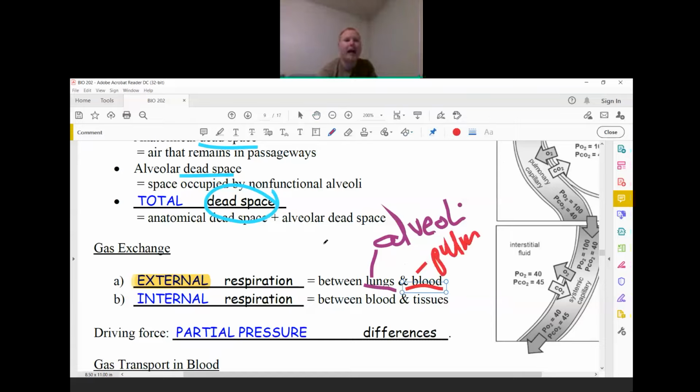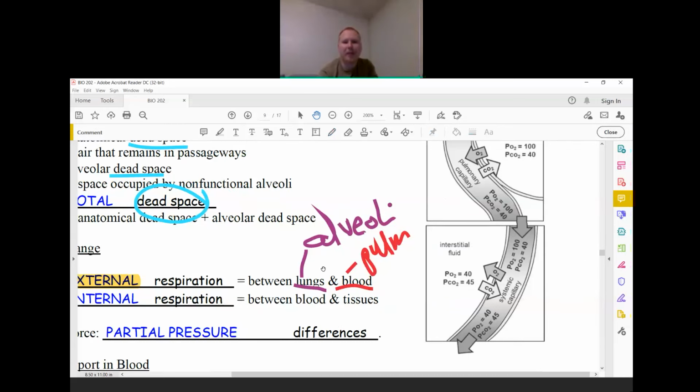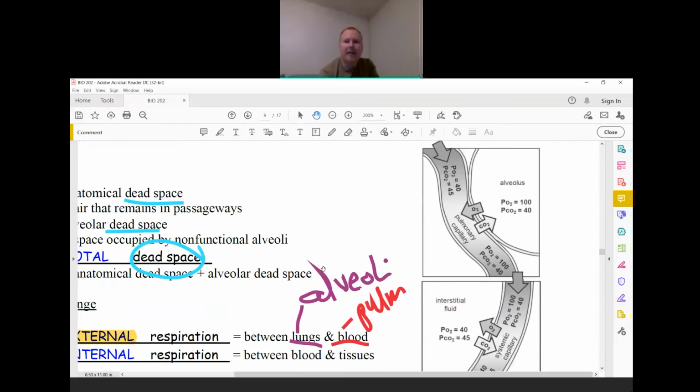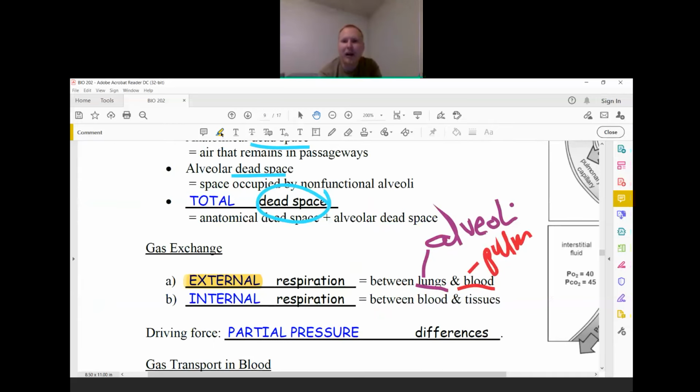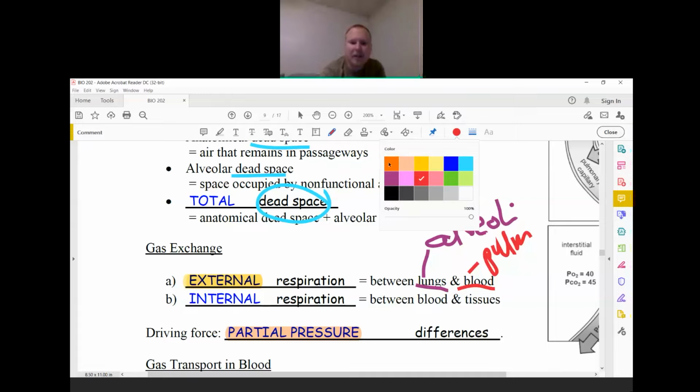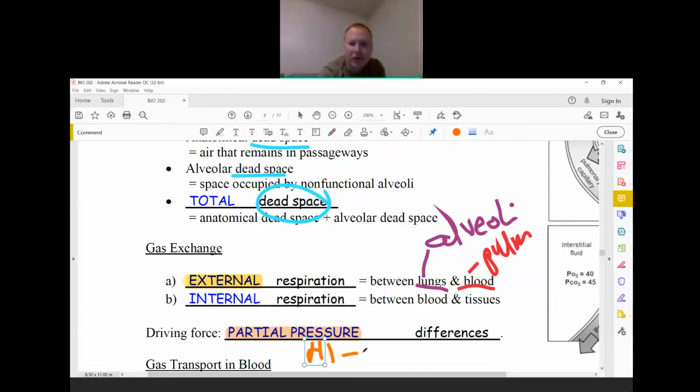So let's have a look at what happens in the external respiration. Well, the exchange of the materials, as you remember, was driven by this partial pressure difference. And partial pressure difference meant that we are moving materials from areas of high concentration to areas of low concentration until they're equal. So that's going to be the fundamental concept that we're going to use.